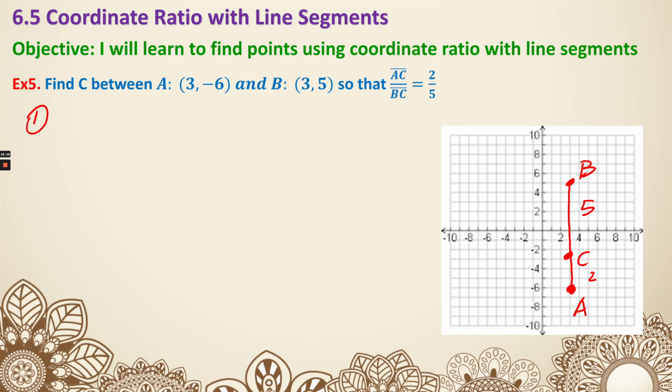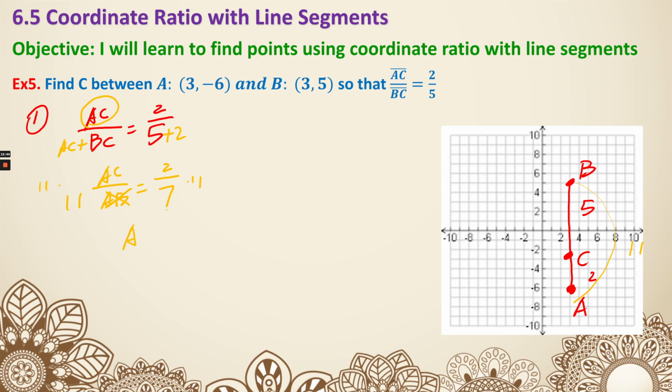So the first way, let's say I have AC over BC, that is 2 over 5. If I have decided I'm going to keep my AC, then I need to add AC on the bottom, or add a 2 on the bottom. So I have AC over AB equals 2 over 7. The whole thing from A to B is actually 11 long. So I can replace that with 11, multiply both sides by 11.